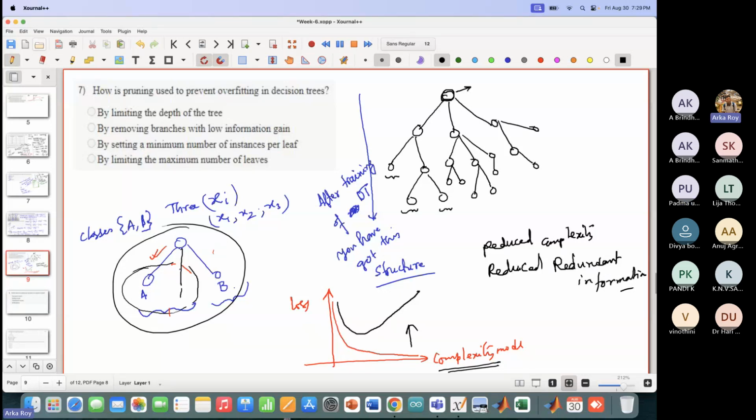We have to find what the redundant branch is. Let's say this is the redundant branch, and it has information gain quite low compared to these two branches. So what you will do is remove this particular branch. While removing the branch, you reduce the complexity and the redundant information, and hence you can prevent overfitting. So therefore, this is the correct answer.